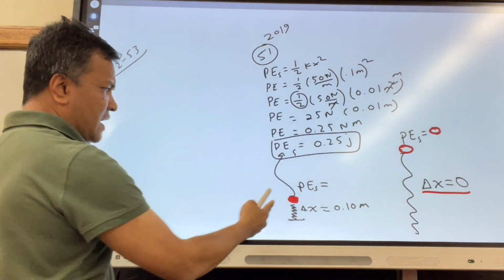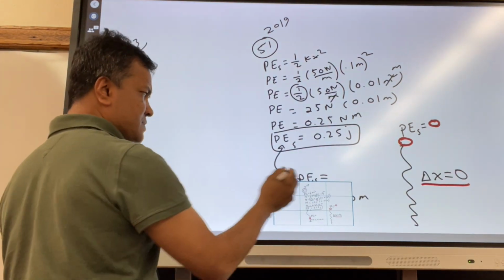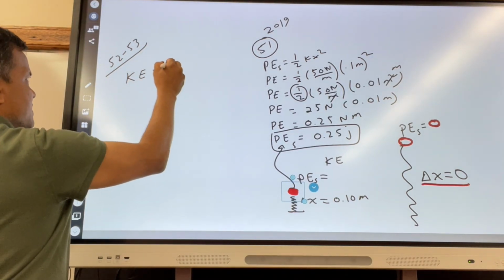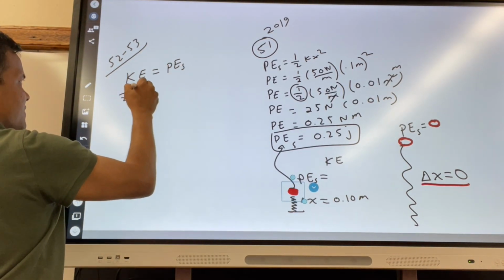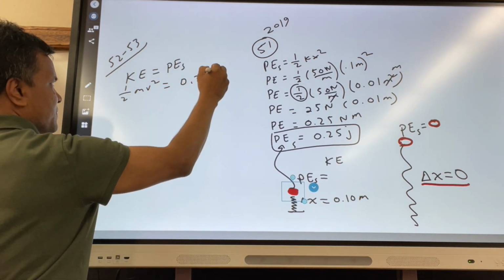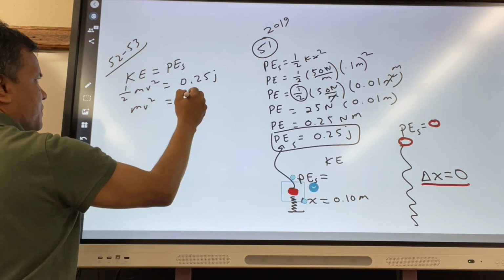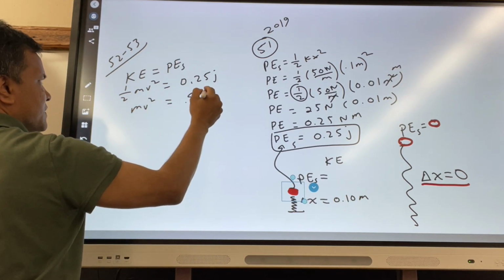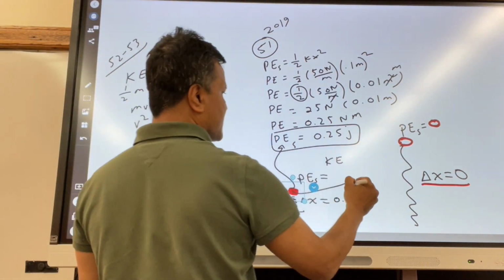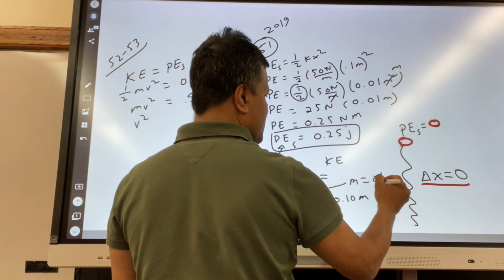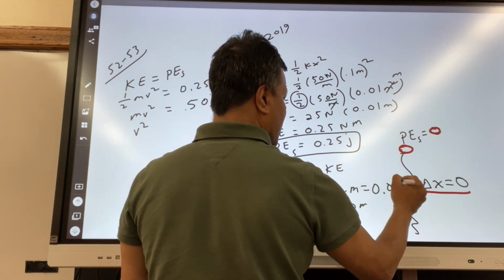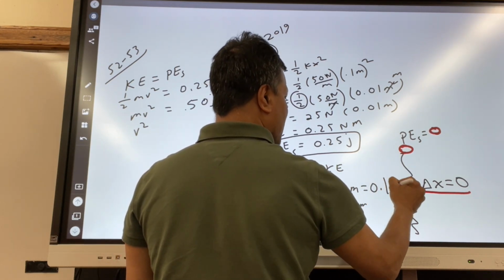So this potential energy can become kinetic energy. So kinetic energy is equal to potential energy. So half mv square is equal to potential energy, 0.25 joule. So mv square is 0.50 joule. So let's say mass of this red ball is 0.1 kilogram.